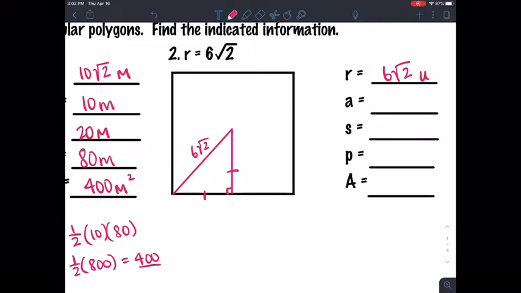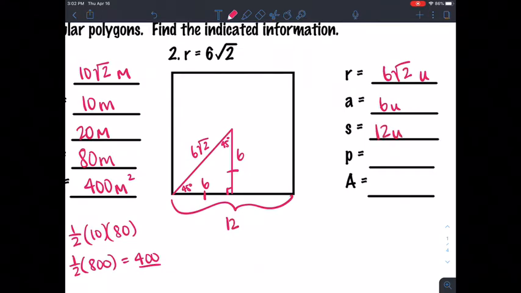It doesn't have units, so I'm just going to put a U. If my triangle has a 45, 45, 90 setup, then if I remove the root 2, my apothem has a length of 6, which means that this is 6 and my side length is 12. So 12 times 4 gives me a perimeter of 48 units.